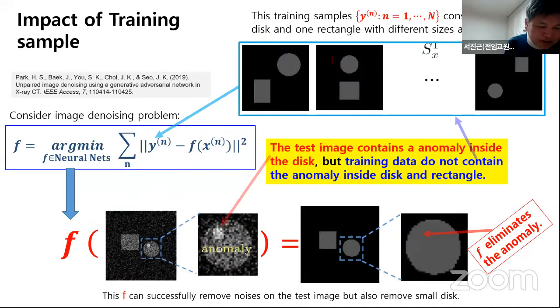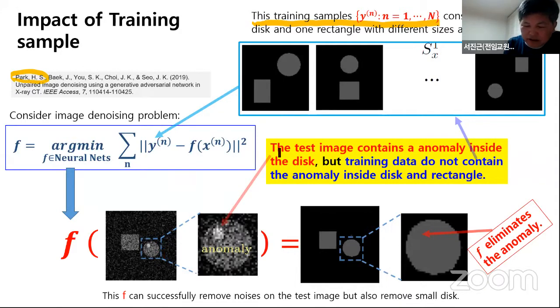We did the experiment with Hyung-Seok Park, and here we consider the denoising problem. In the first example, the training sample consists of a disk and a rectangle, and you try to find the denoised image using the deep learning network.